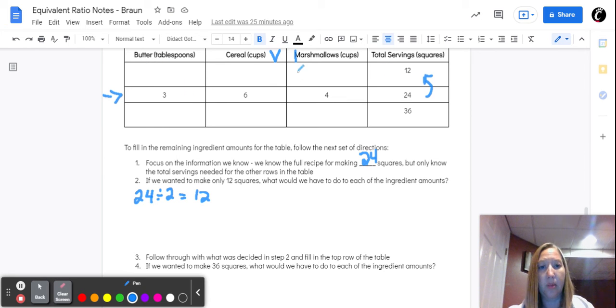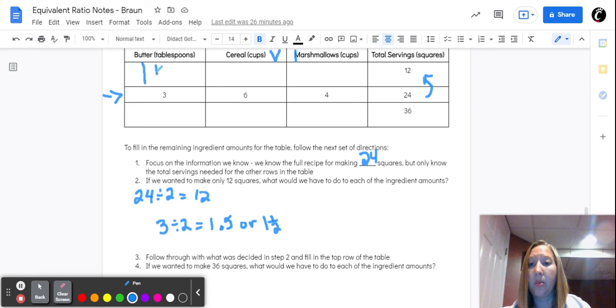12 Rice Krispie squares. So let's look at butter. We have 3 tablespoons of butter, and I want to divide that by 2. If I do 3 divided by 2, that gives me 1.5. So we need 1.5 tablespoons of butter to make 12 squares.